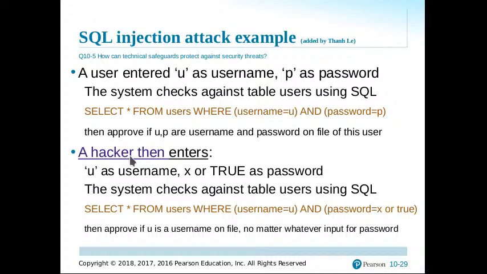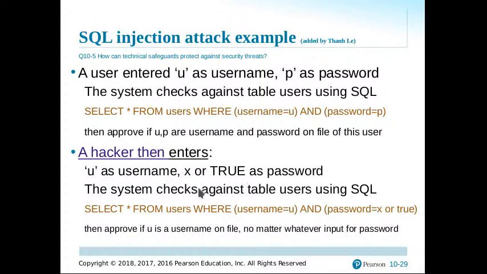He tries to log in, and once the system asks him for the username and the password, he enters U as the username. That's the correct one. But when asking for the password, he enters something like X' or true. This entire thing is entered as the password.